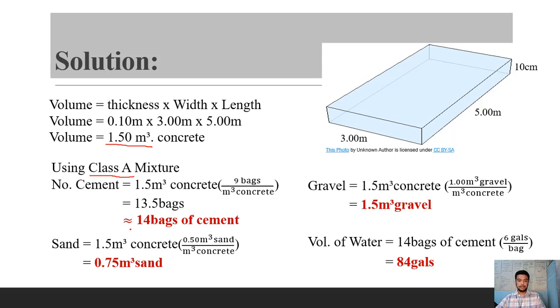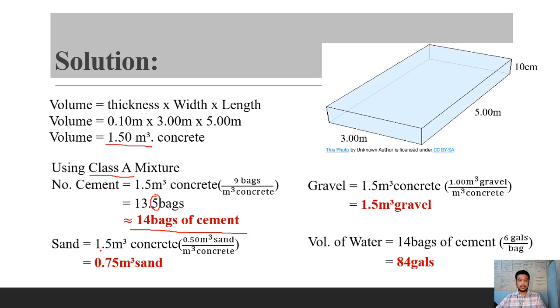Therefore, we should order 14 bags of cement, because we cannot really order half a bag of cement. Therefore, we should round that up to 14 bags of cement. Okay? How about the sand?